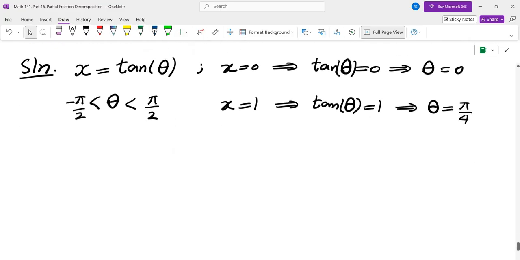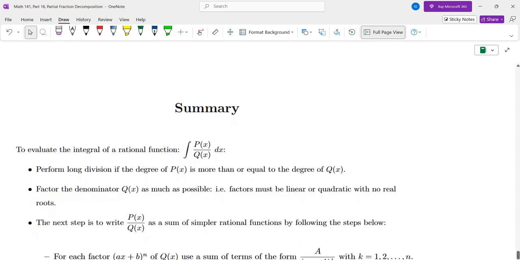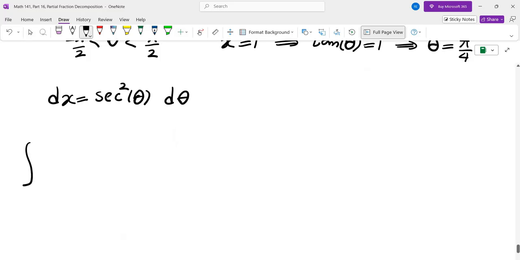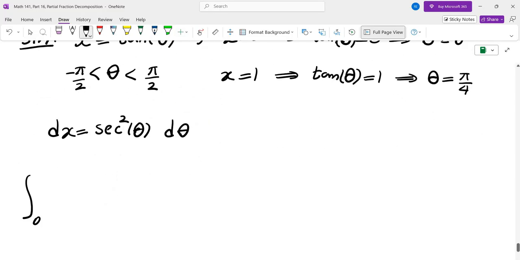So then we can do the d theta. D theta is secant squared theta, or rather dx is secant squared theta d theta. So the integral that they gave us turns into an integral, instead of from 0 to 1, from 0 to pi over 4.